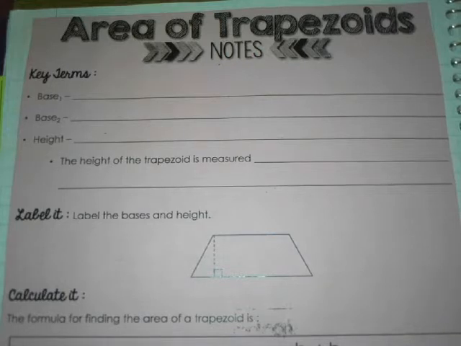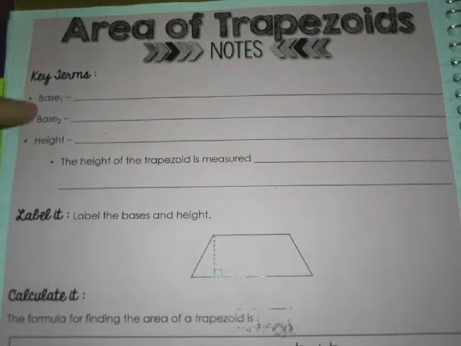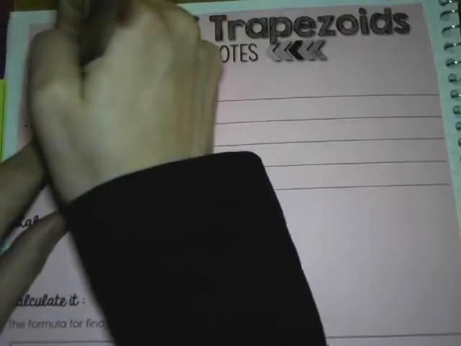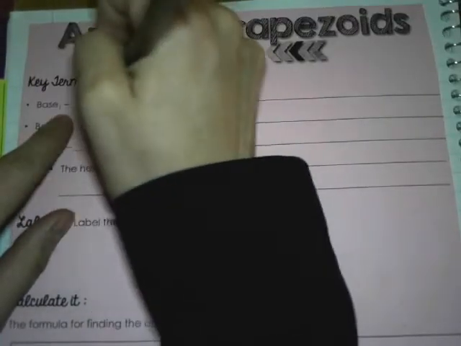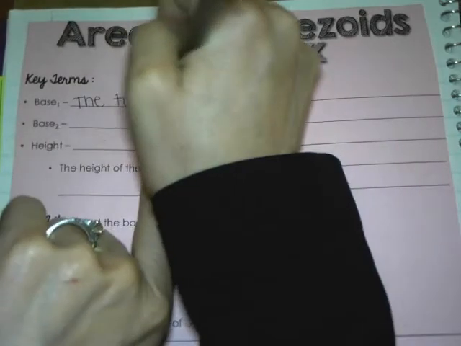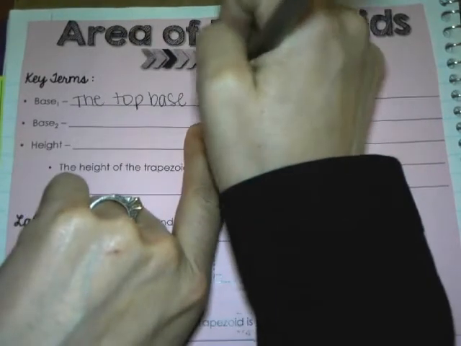So, what do we know base is? Just base in general. What's base, Eba? Okay, top and bottom. Okay, so base 1 and base 2. Base 1 is the top base on a trapezoid.